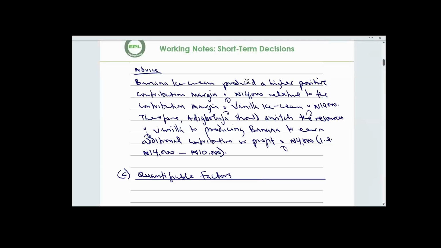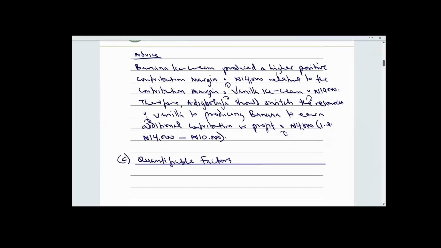We discover that the contribution is negative.